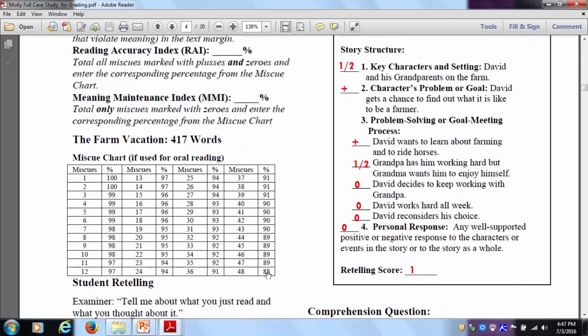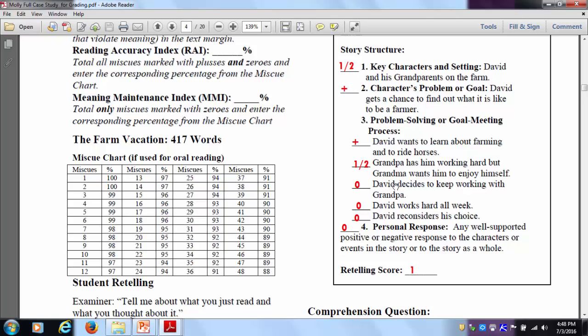All right, so how did we score it? 1/2. Why? Grandma never mentioned. The character's goal or problem, right on target. So when we get to the process, we gave a plus because he wants to learn about farming. However, no reference to Grandma makes us score this a 1/2.